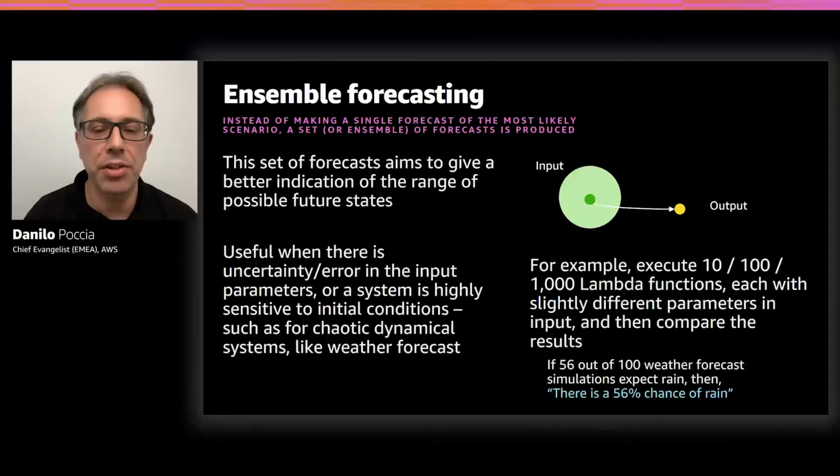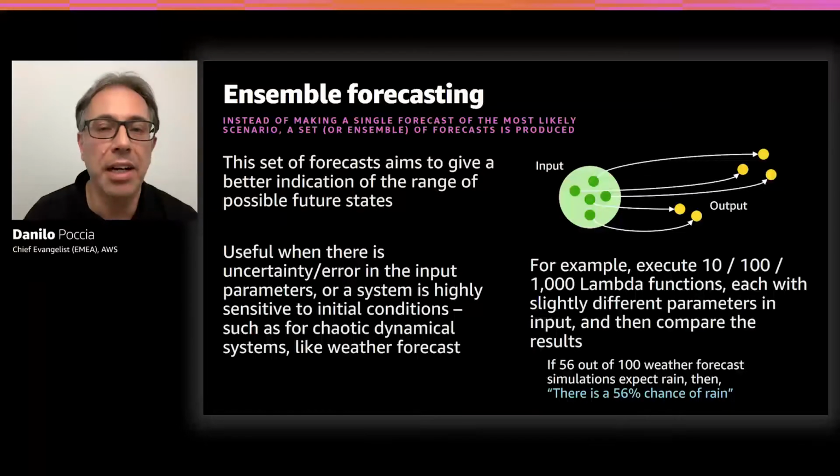So if you look at the figure, instead of having a single input and then you apply your forecast to get an output, a result, you can take multiple inputs close to the initial conditions, so you slightly change the initial conditions of your customer, and then you apply your inference, your forecast methods to get different outputs, and then you see how these outputs are affected. So the idea is really something that works well with Lambda function, because you can run 10, 100, again, thousands of Lambda functions that can compute different scenarios, and then you can get the final result, the final forecast.